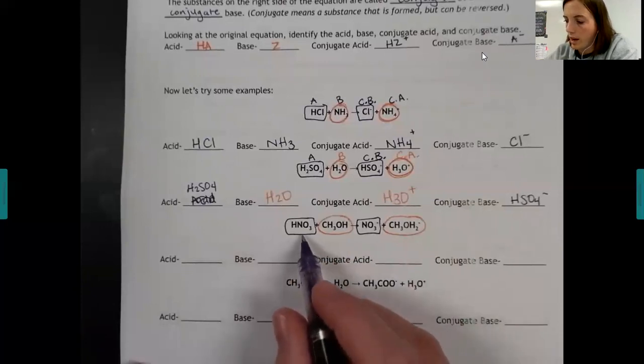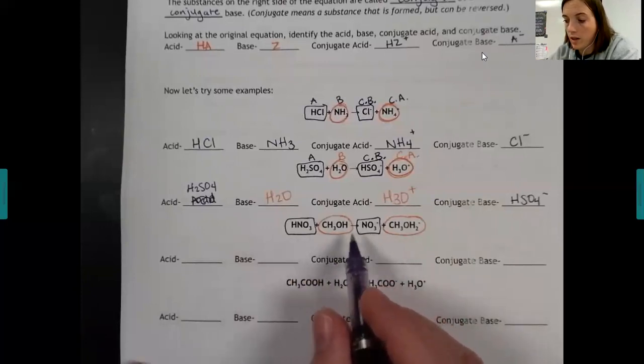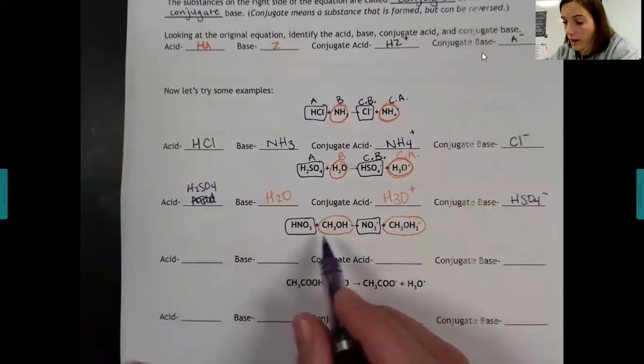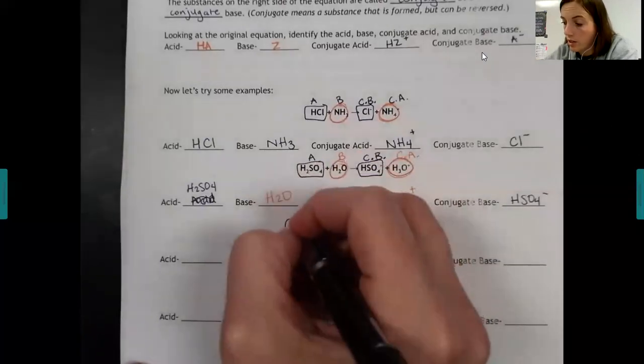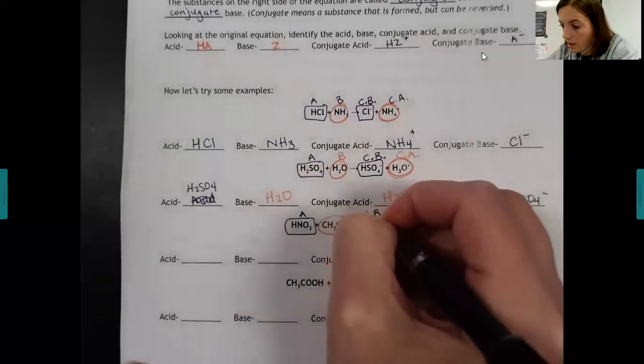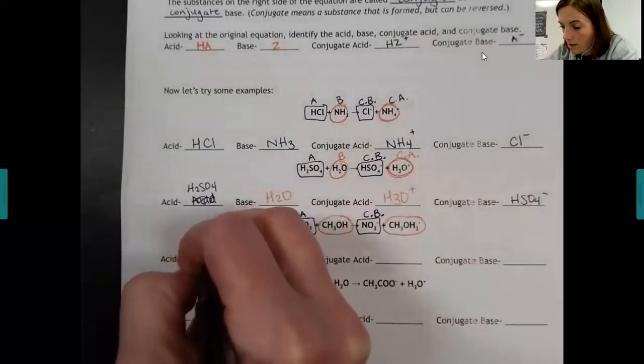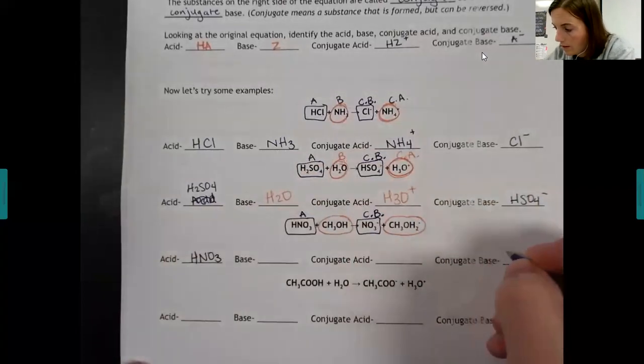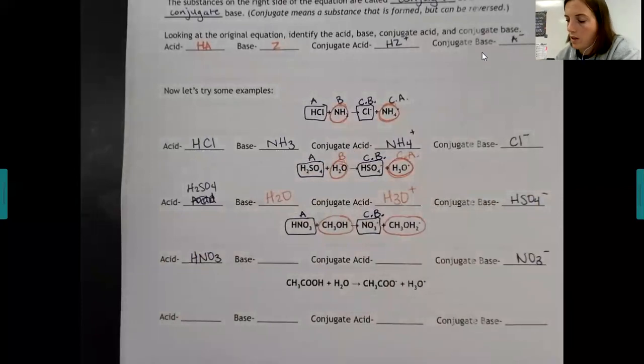Looking at HNO3 to NO3, this is decreasing in hydrogen. It lost a hydrogen. So this is the acid, which means that this is the conjugate base.